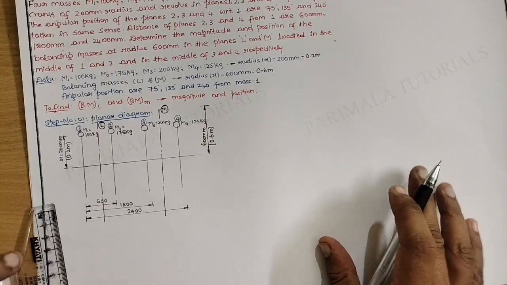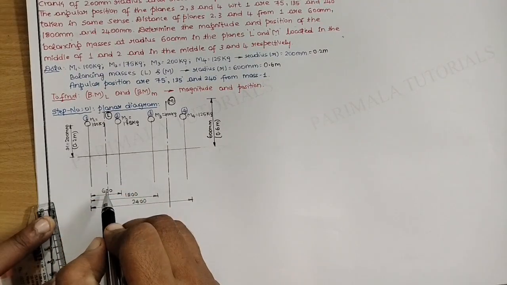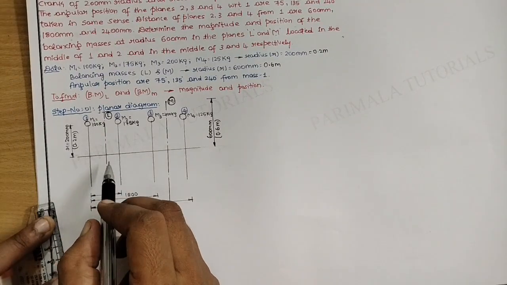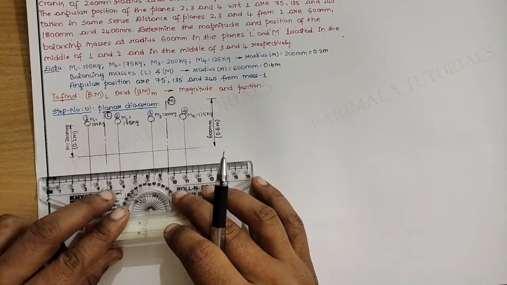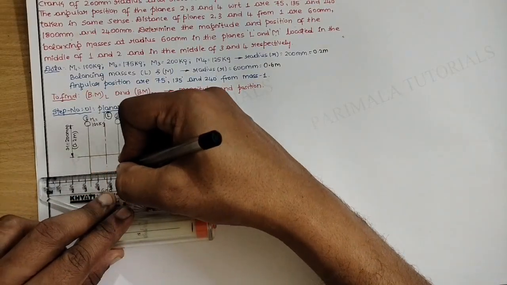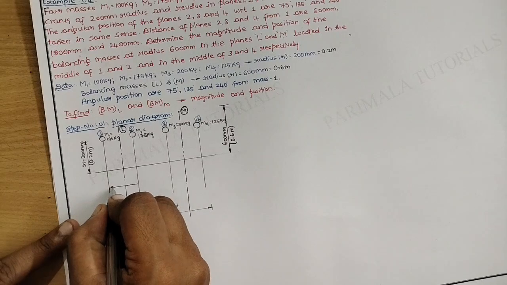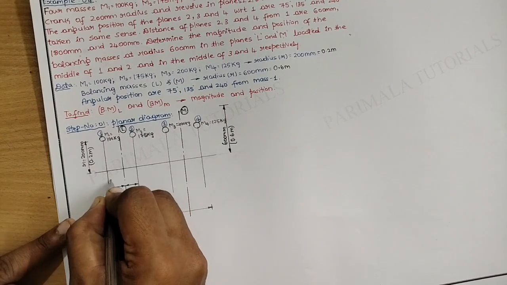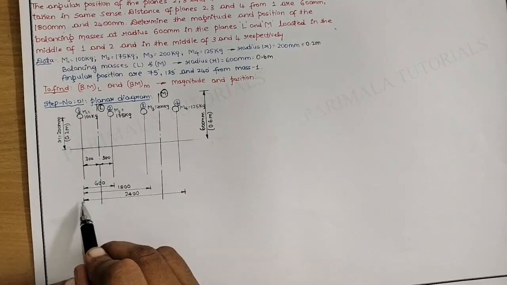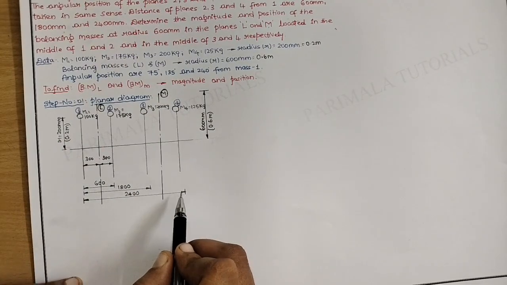Now, a simple analysis. The distance between 1 and 2 is 600 mm. Clearly mentioned, the balancing mass L is in the middle of 1 and 2. That means this distance is now divided, so this would be 300 followed by the remaining 300 mm. The complete distance here is 2400 mm.